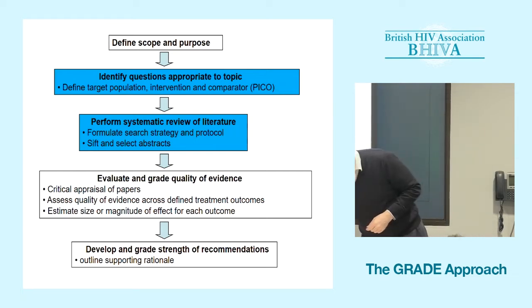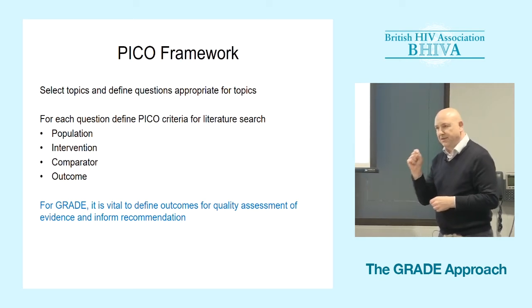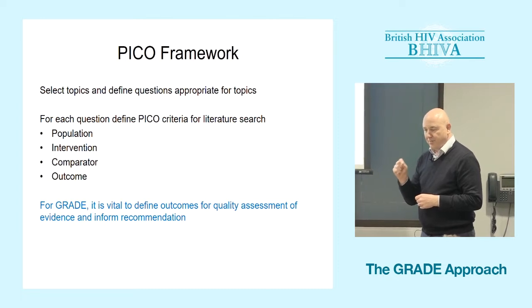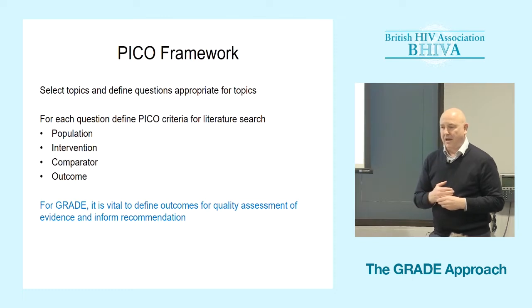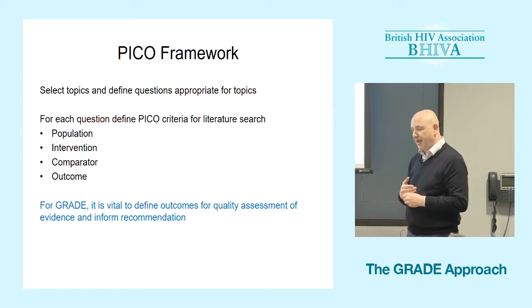If we quickly look at the PICO framework, it's important to select the topics that you want to ask questions about and define the questions appropriate for those topics. It may well be, is drug A better than drug B? Or in this situation, is treatment regimen A better than treatment regimen B, or compared to standard of care?